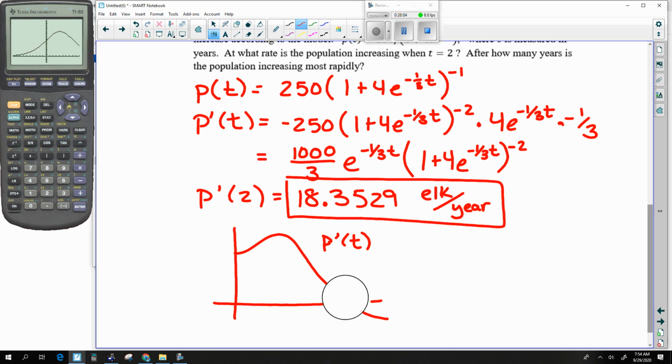But the maximum rate would be right there. That's the maximum rate. So I'm going to calculate the maximum. Yeah, the calculator works a little bit slower when you're working with the derivative.